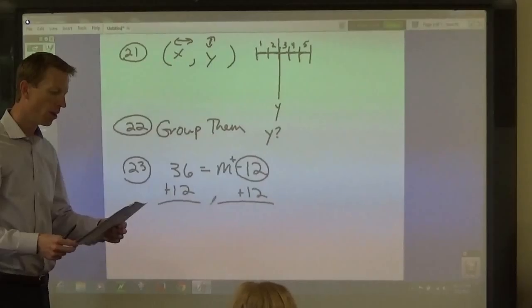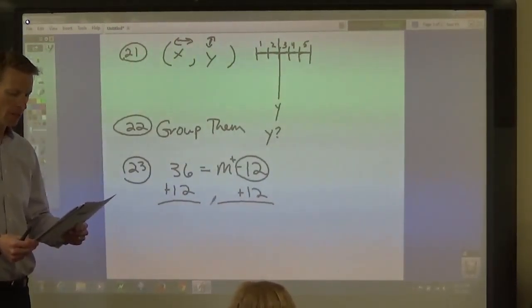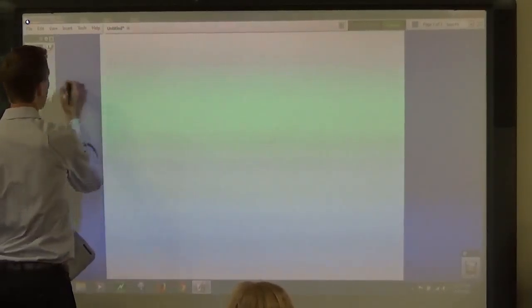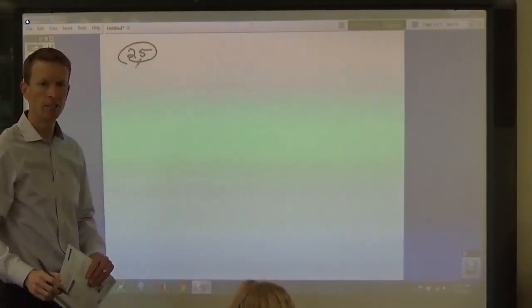Number 24 is finding the rule. 25, the distributive property. You remember what the distributive property is?